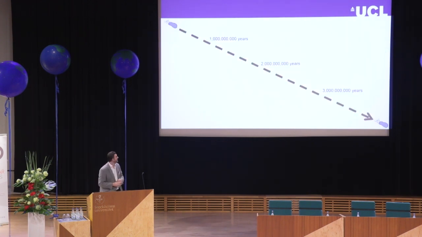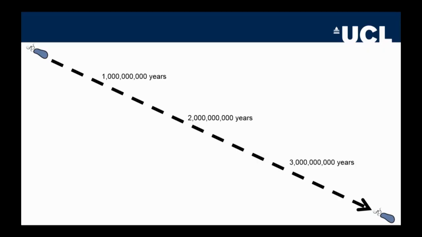This is my take on the tree of life from the point of view of a bacterium. As Jack was saying, we can see signs of bacteria in the fossil record going back practically 4 billion years, 3.5 to 4 billion years. The reason I say we see signs of them is they look an awful lot like modern bacteria that we'd recognize today. So in some sense, they simply haven't changed in their morphology.